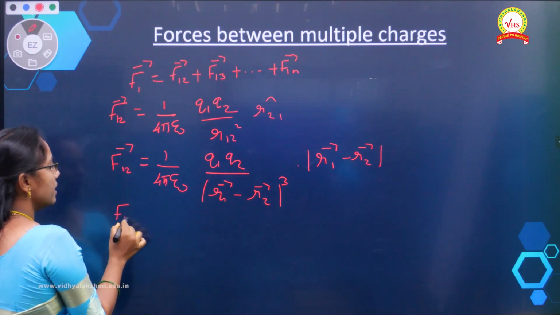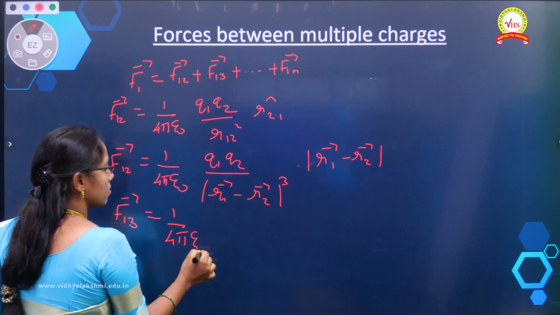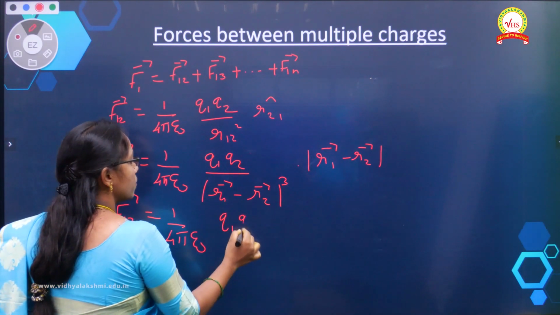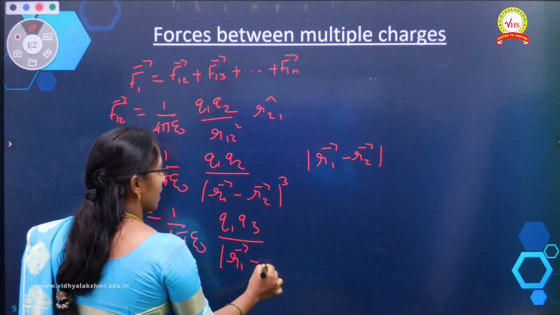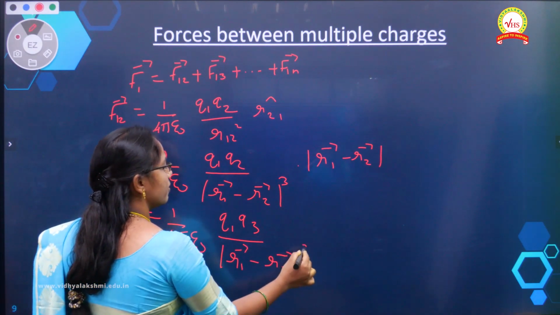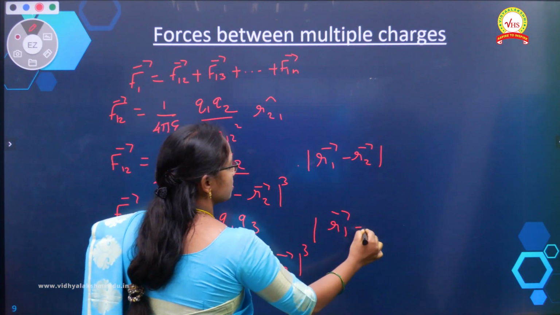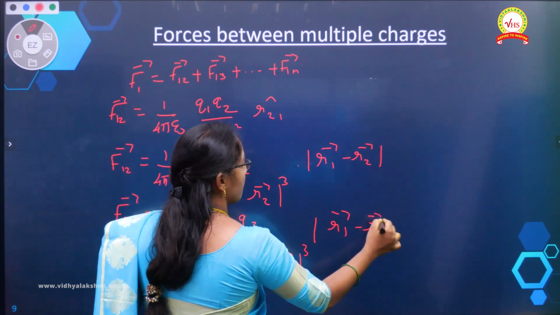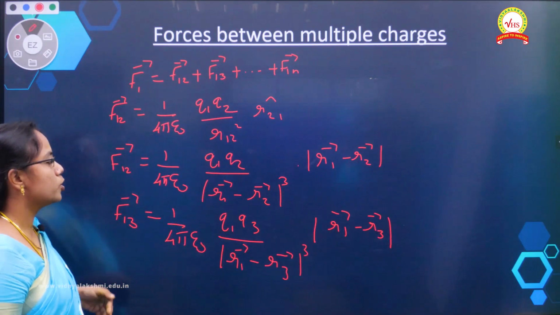Similarly, F13 can be written as 1 by 4 pi epsilon naught Q1 Q3 divided by R1 vector minus R3 vector the whole cube. We are considering the magnitude alone in the denominator, and the vector in the numerator represents the direction. So these are the individual forces in terms of their position vectors.